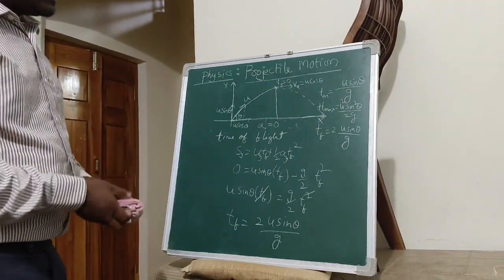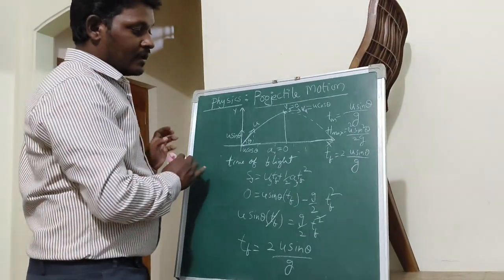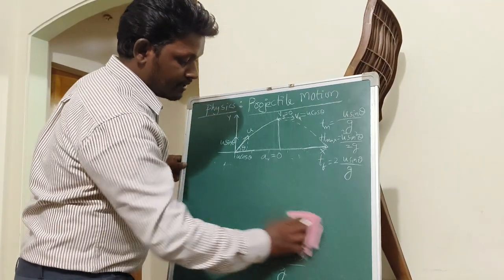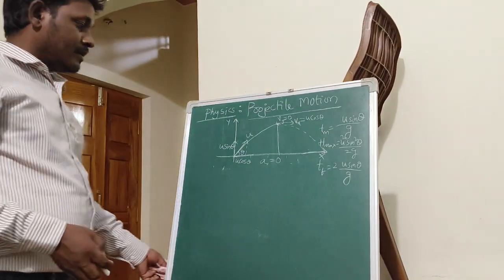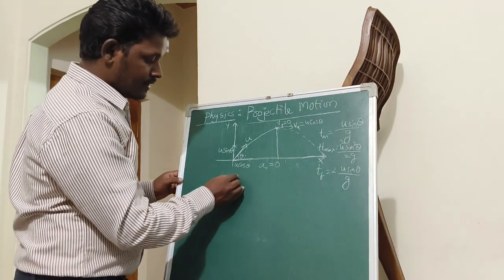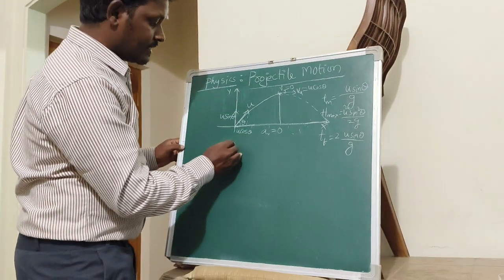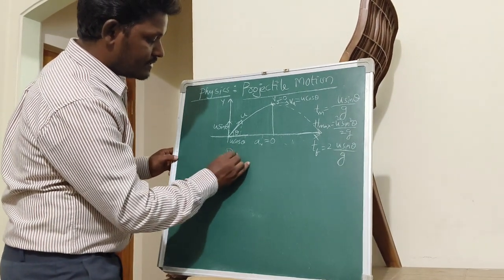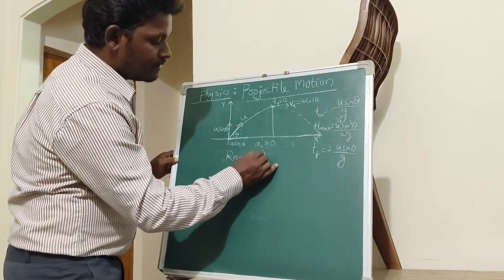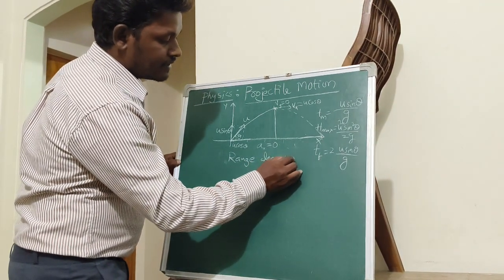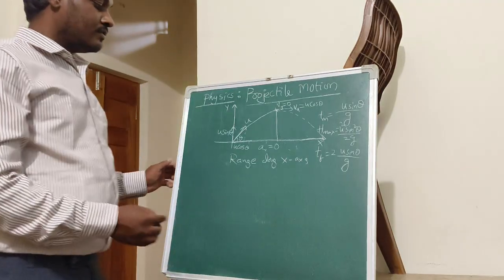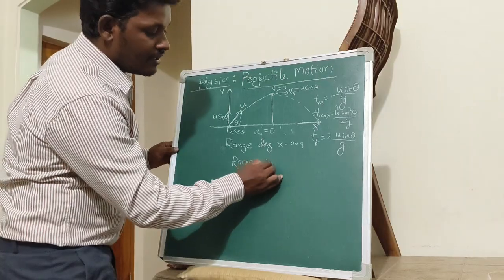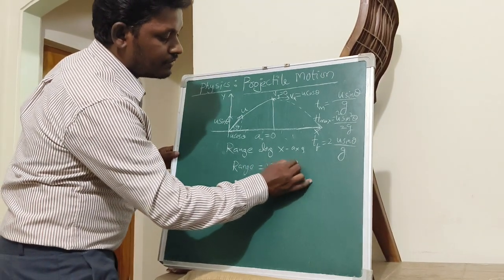Let us derive the equation for the displacement along the x direction. This is simply the range along the x axis. Range is nothing but displacement, and displacement is velocity into time.